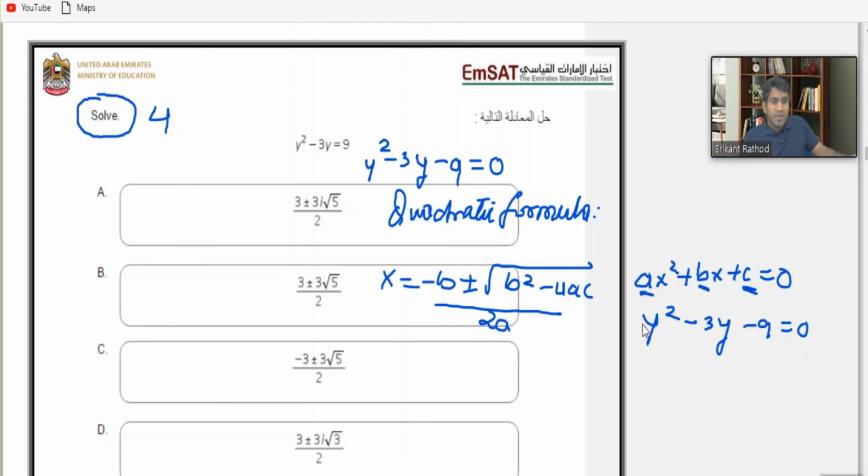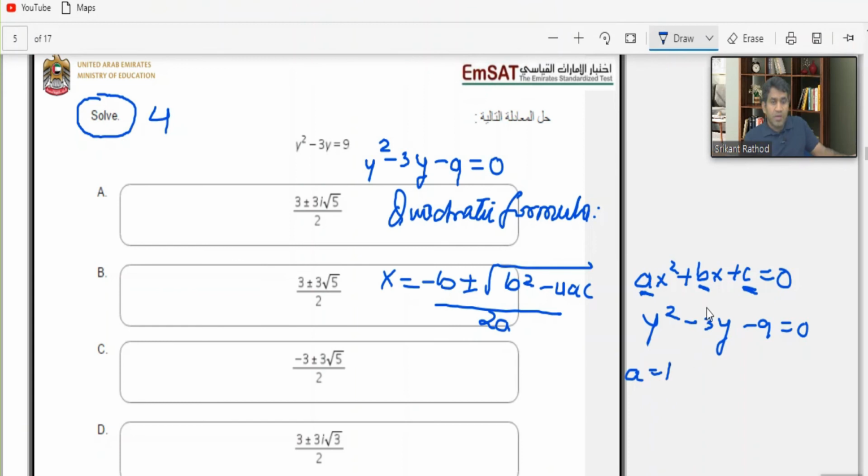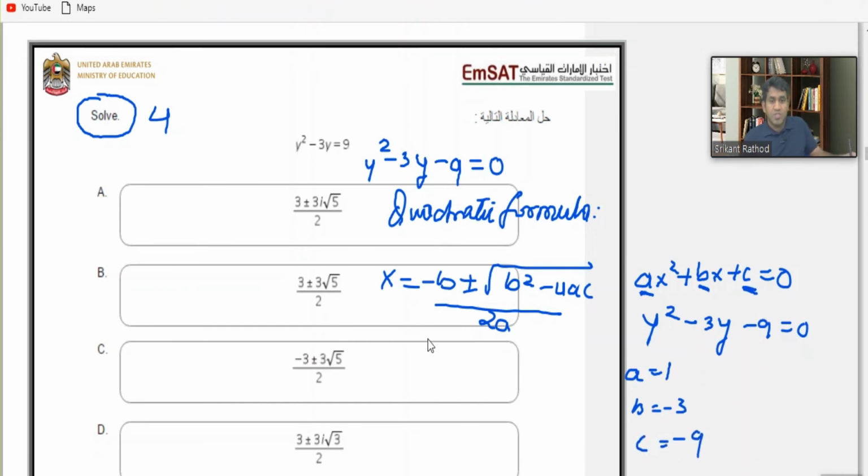Here it is a, but nothing is written, which means the value of a is going to be 1. The number along with x is b, and here it is going to be negative 3. Then the c value here I can say is negative 9. Now substitute all these values accordingly and check which is the answer. The value of b here is going to be negative 3. This negative sign is already there.